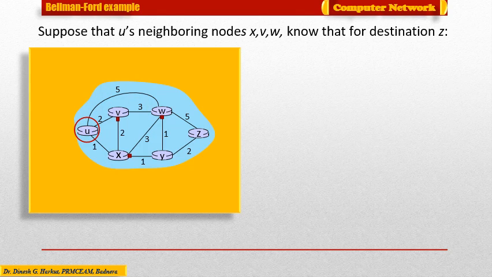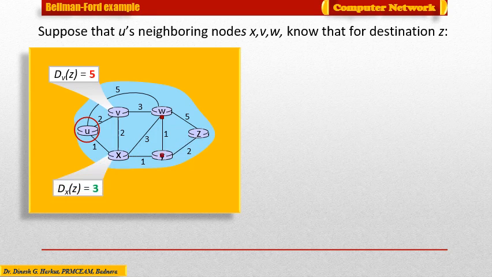By walking along various paths in the graph, it is easy to see that dVZ, the cost from node V to Z, is 2 plus 1 plus 1, which comes out to 5.